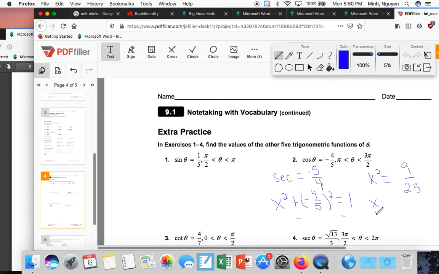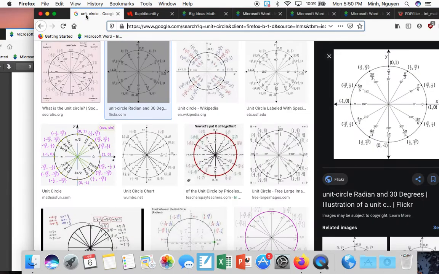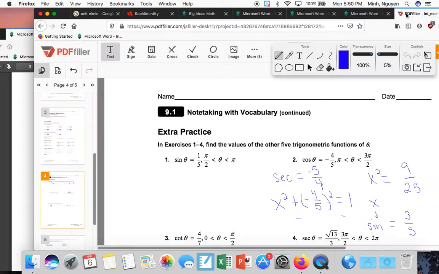And I'll then turn it into sine. And the square root of 9 over 25 is 3/5. Going back to our unit circle, since this is in the third quadrant, my sine value will be negative. So negative 3/5.